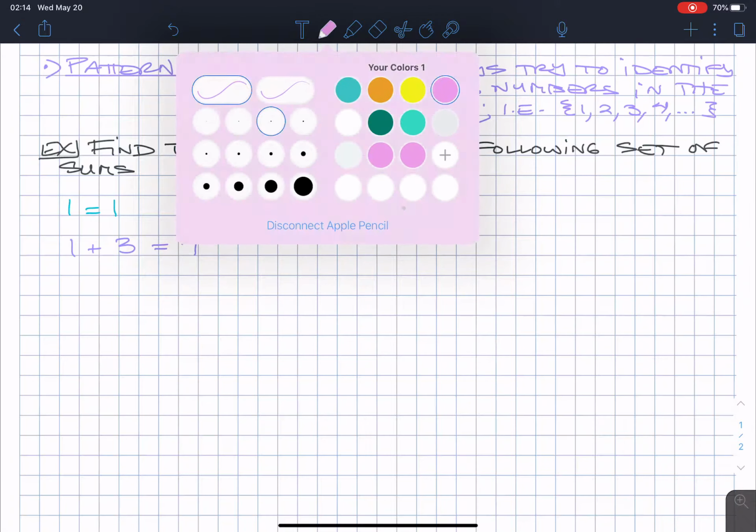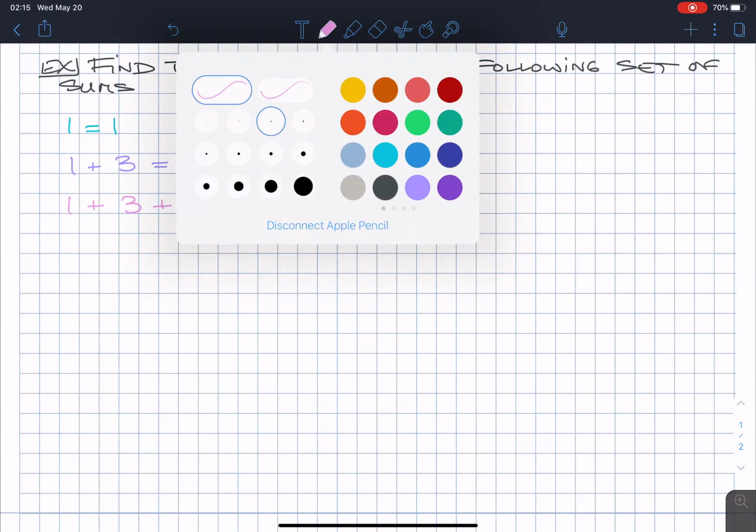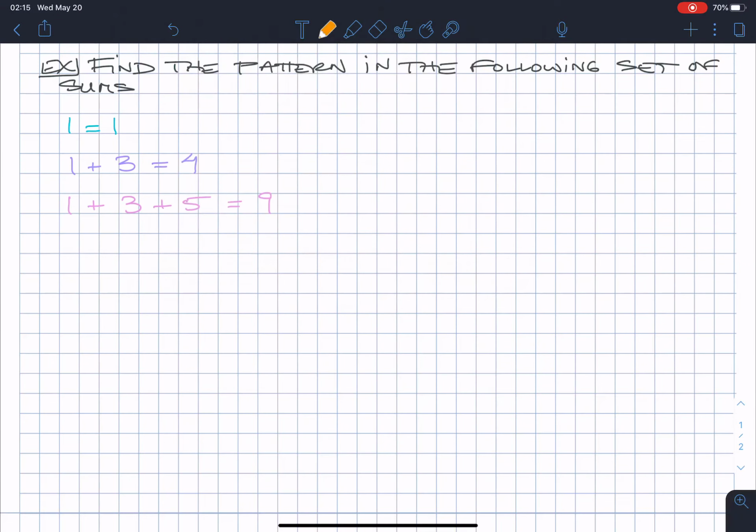Let's do pink next. So let's do 1 plus 3 plus 5. So I'm adding odd numbers, right? Plus 5. So 5 and 4, that's going to be 9. Now let's do the next one. 1 plus 3 plus 5 plus 7. Okay, so that's going to be 16.